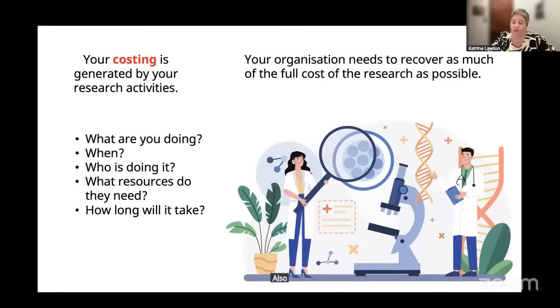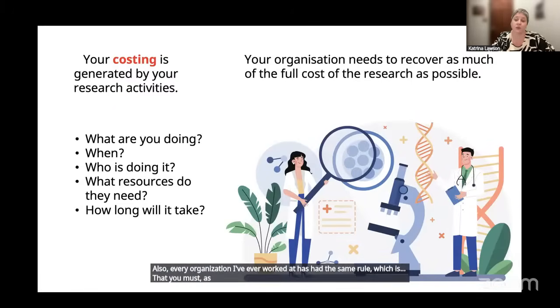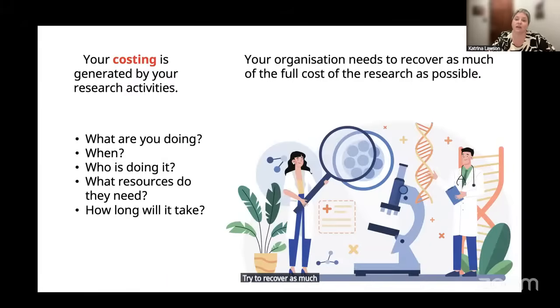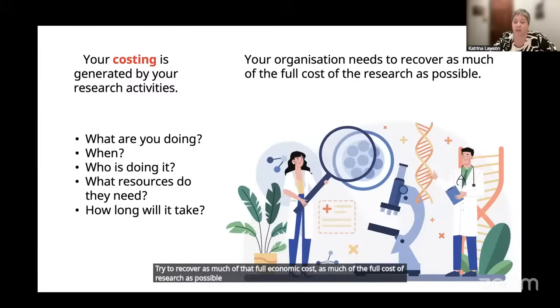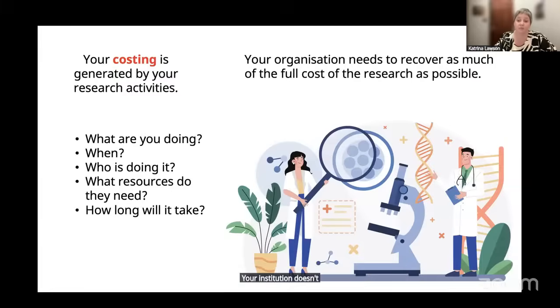Also, every organization I've ever worked at has had the same rule, which is that you must, as someone who's requesting funding, try to recover as much of that full economic cost, as much of the full cost of research as possible. Your institution doesn't want to lose money in supporting you if there's a funder that can pay.